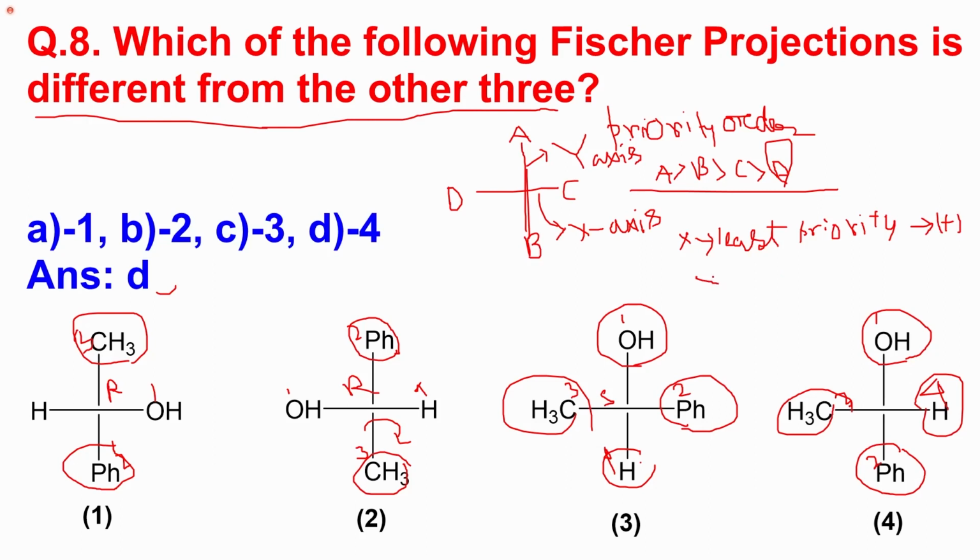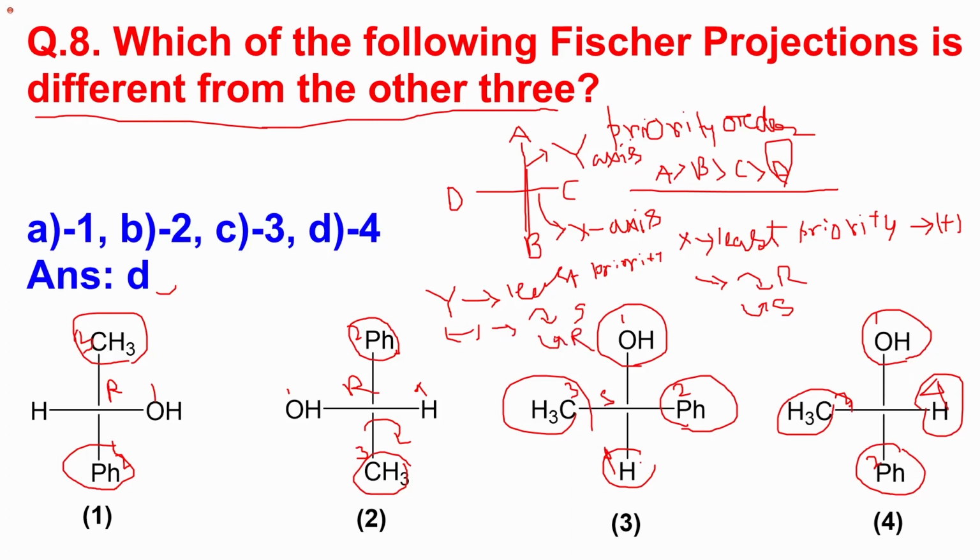If it is the positive rule, that means clockwise is R and anti-clockwise is S. And if the least priority is on the y-axis, then it is a negative rule. Now clockwise means S, and anti-clockwise means R.